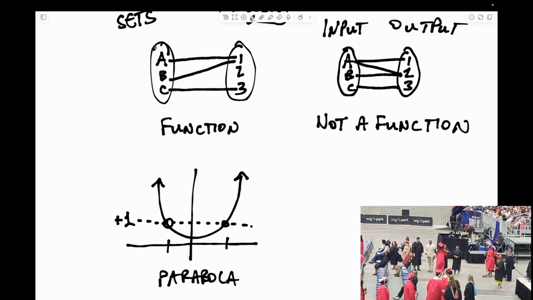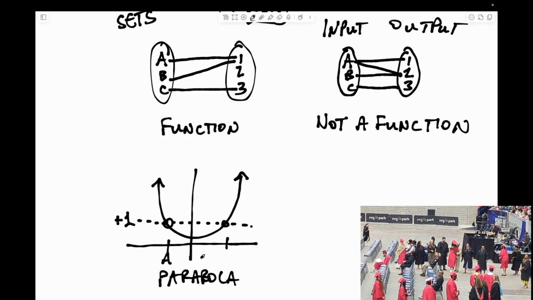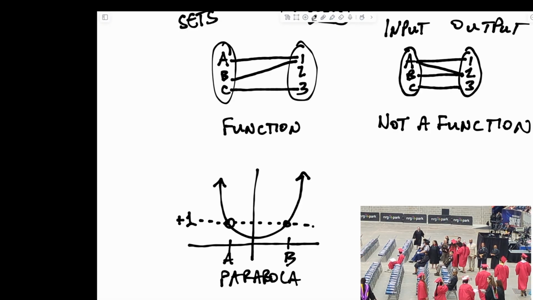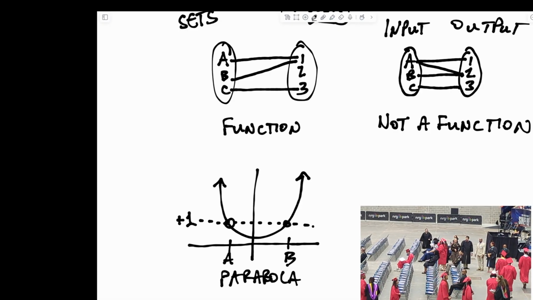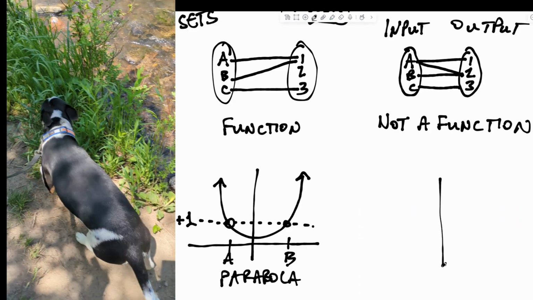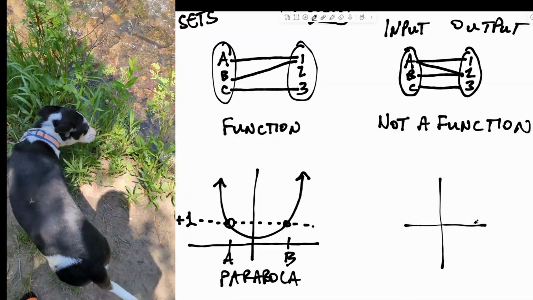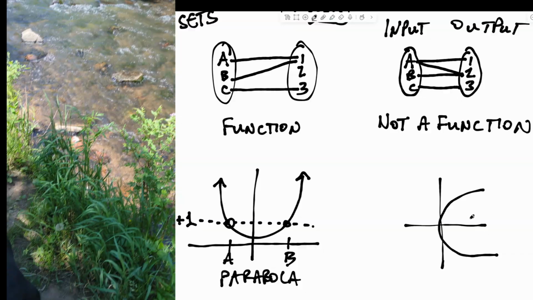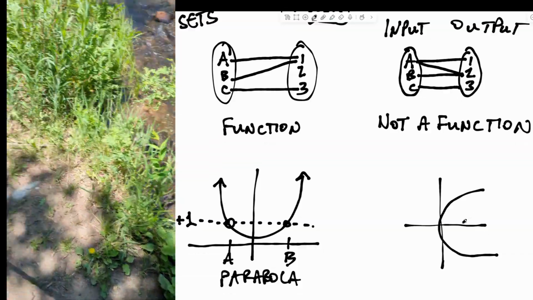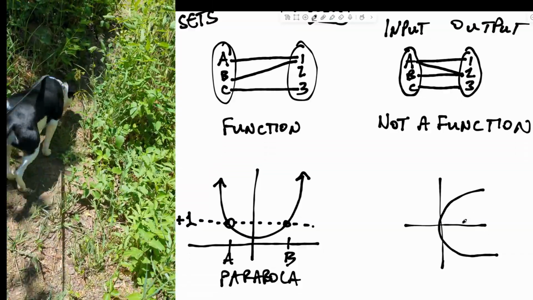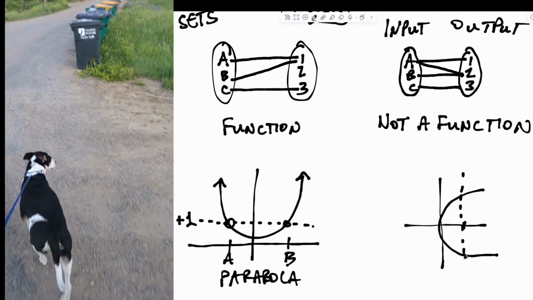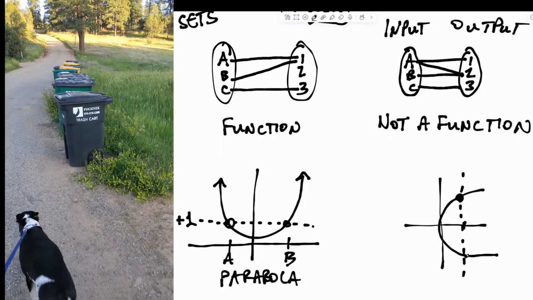And those two places in this case could be A and B, which themselves stand for a number. What is not a function would look more like this. That for a particular input, I can have two different outputs.